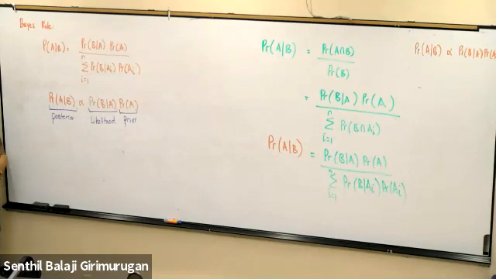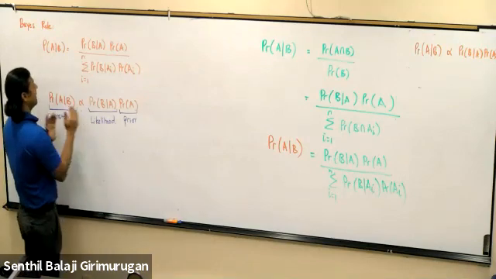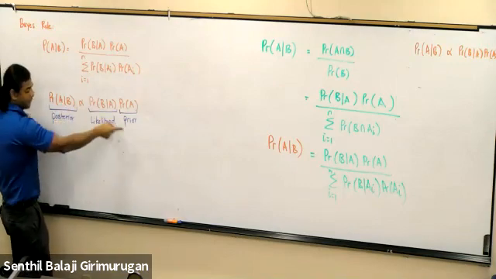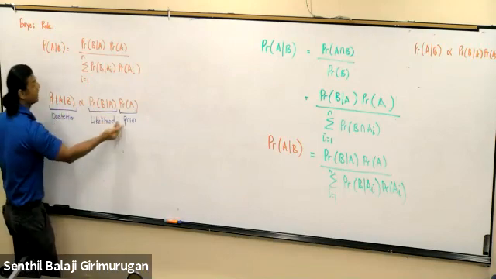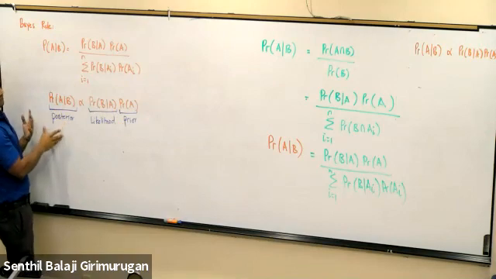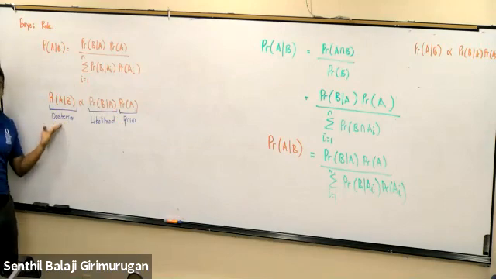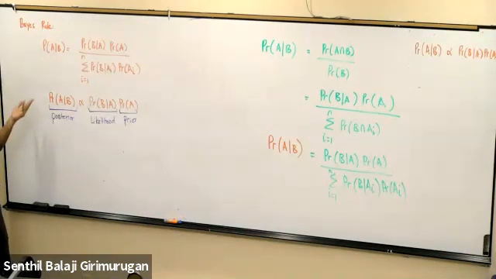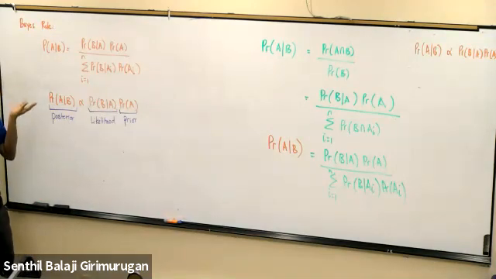All we are trying to say is that if you bring in the information B, the prior probability is going to change, resulting in a posterior probability. This could mean the probability goes up, goes down, or remains the same. If it remains the same, then the new information we've brought in has no meaning whatsoever.